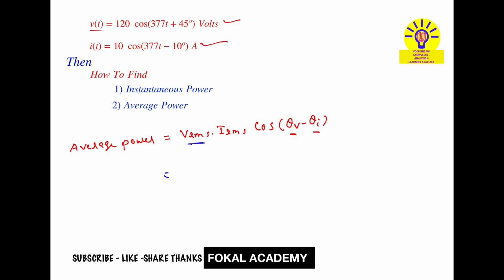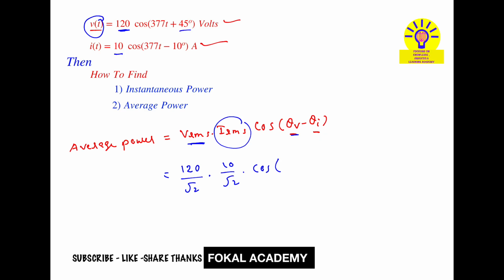V RMS is nothing but the maximum amplitude divided by root 2, and I RMS is the maximum amplitude divided by root 2, into cos of the phase difference.